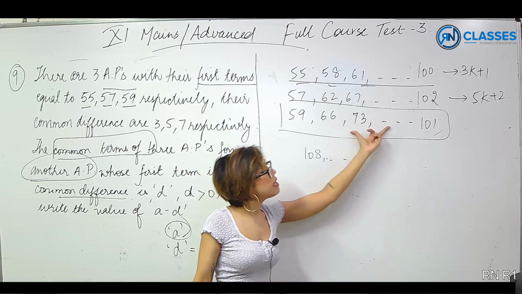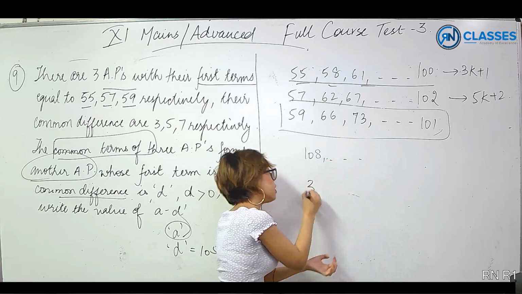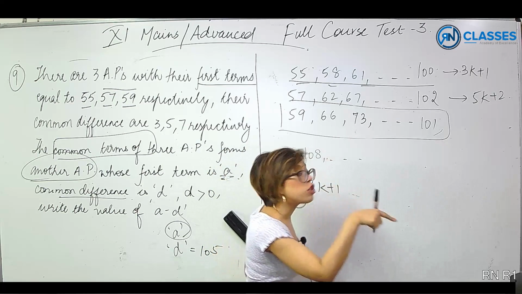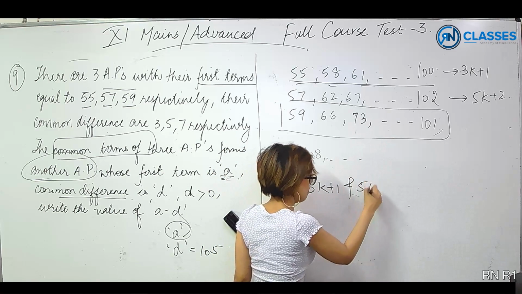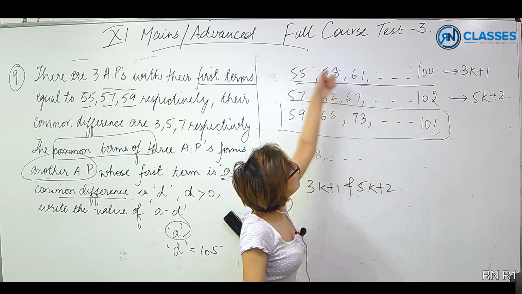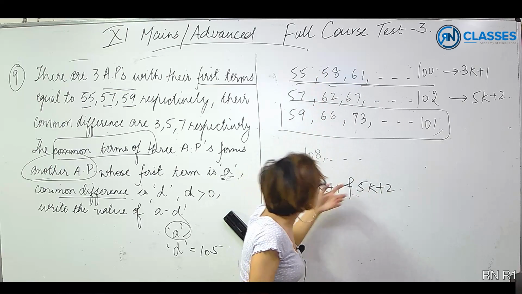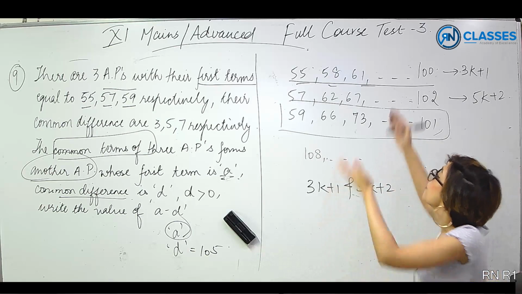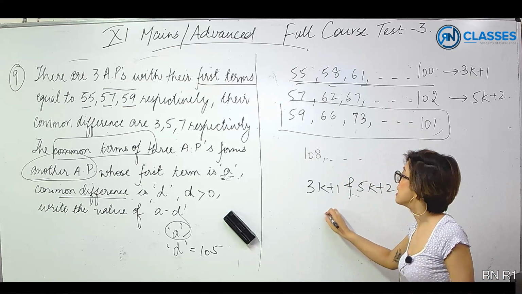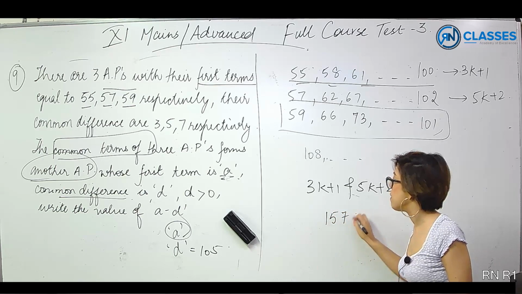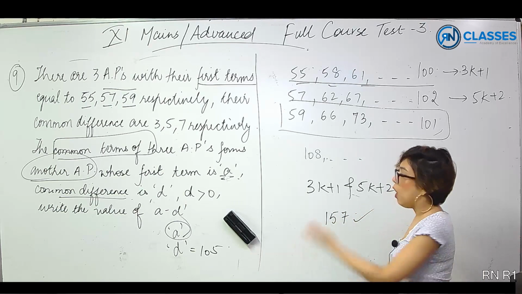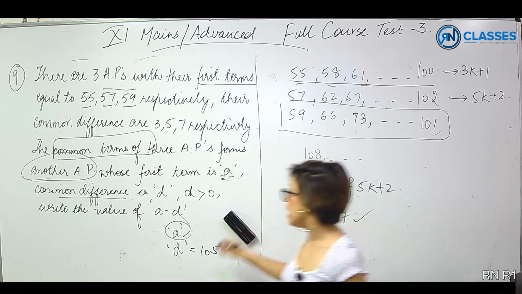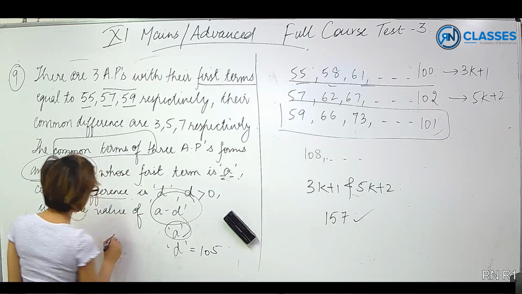You will just write the terms for this AP and check whether the number is of the form 3k plus 1, and it should also be of the form 3k plus 2 simultaneously, because I want the common terms for the 3 APs. If that is the case, then you will have your first common term. And the first common term that comes out in this case is 157. Obviously, we know a, we know d. The correct answer in this question is D2.